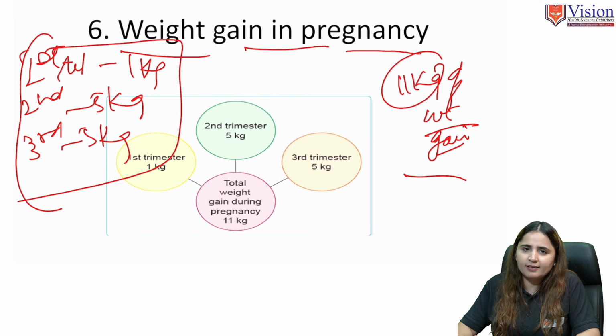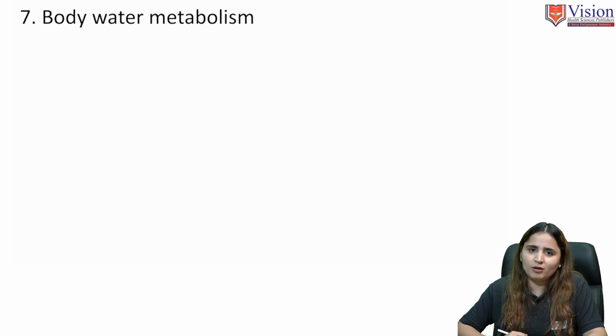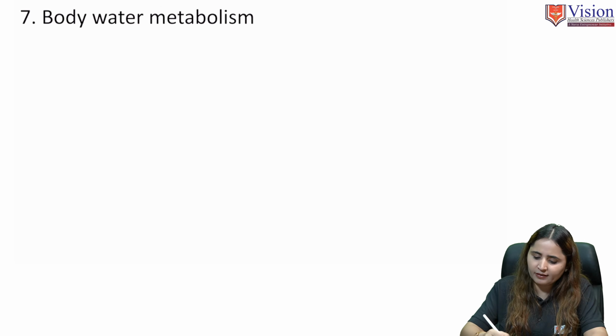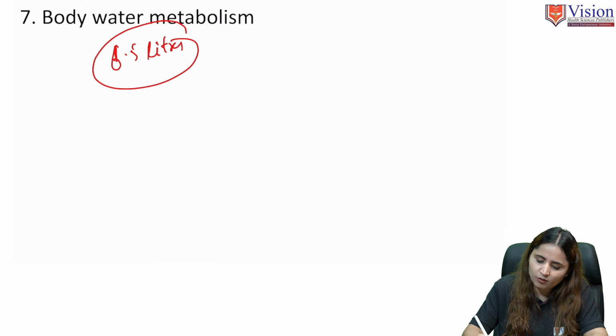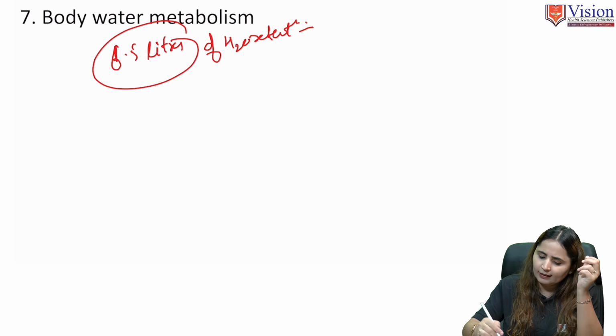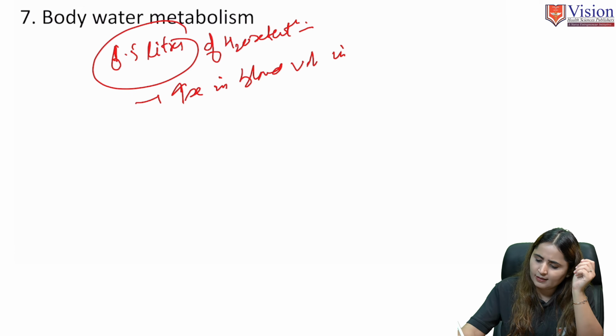Now moving ahead, after weight gain, is body water metabolism. In pregnancy we all know that there is retention of water. There is 6.5 liters of water retention in pregnancy. How does water retention happen? We all know there is an increase in blood volume in pregnancy.